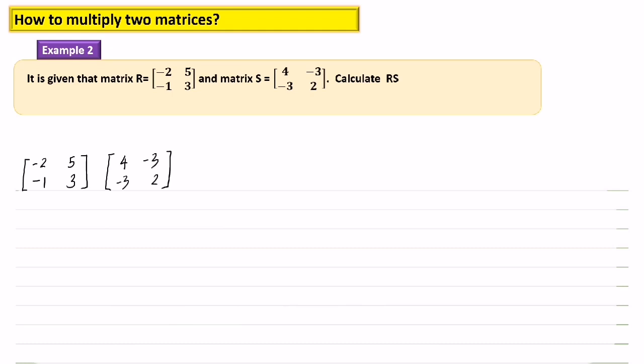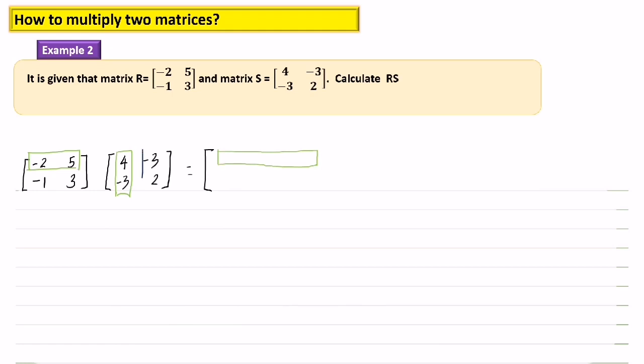Every time, row times the column. You will find that first row, first column is here.